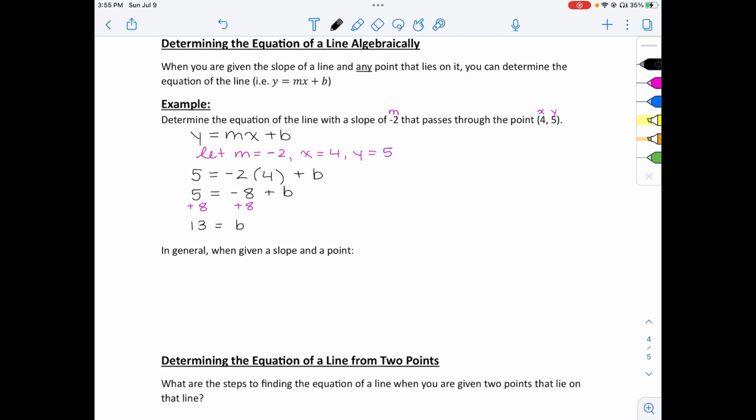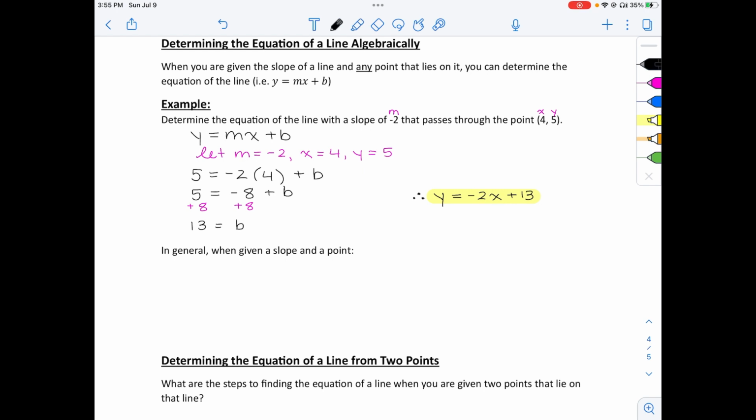Okay, so if I wanted to write the equation of my line, I would say therefore y equals, my slope we said was -2, so -2x plus 13. When we're writing the line, we remember we don't need to put a y or x value in for the actual equation because we can use the equation for any coordinates x and y. So that is the equation of the line that goes through (4, 5) and has a slope of -2.